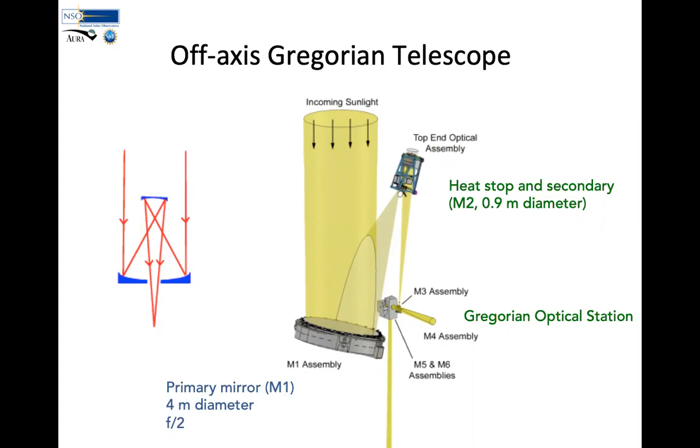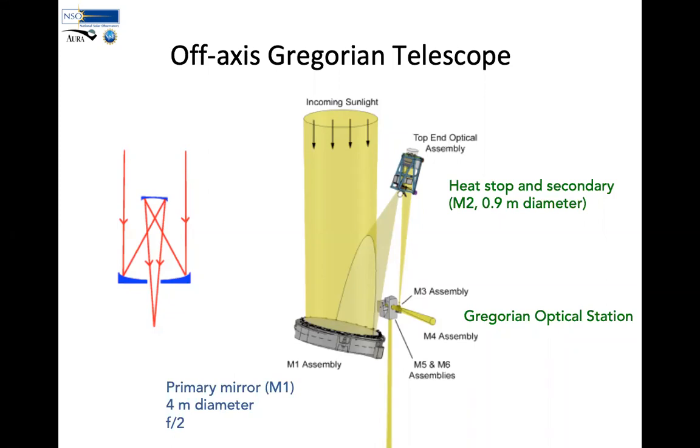That means that then the light goes down again along the main axis of the telescope, and so you have to have a hole in your primary, because otherwise you don't know where to throw the light, right? There is something of this kind. It is typical of solar telescopes. The very distinct characteristic of DKIST is that it is off-axis.